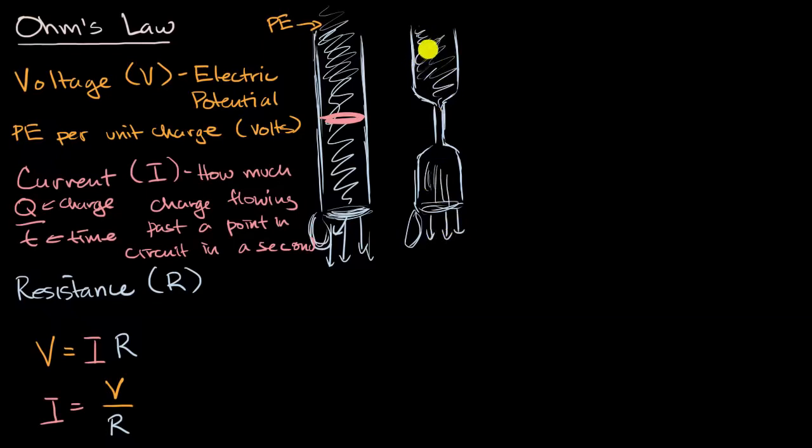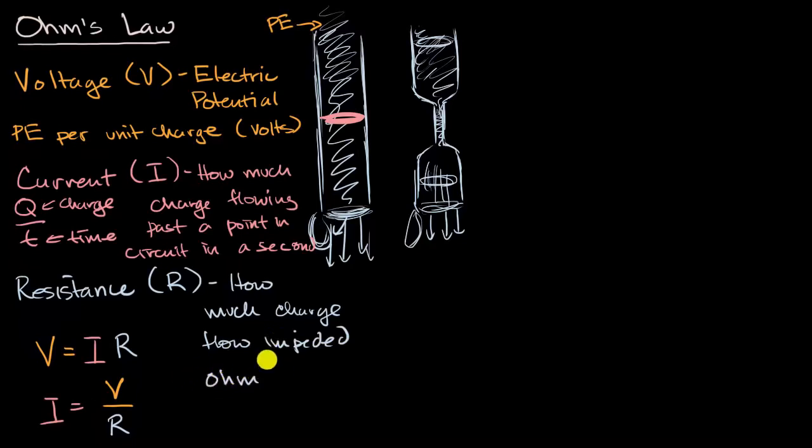But now, at every point in this pipe, the amount of water that's flowing past at a given moment of time is going to be lower because you have literally this bottleneck right over here. So this narrowing is analogous to resistance. How much charge flow is impeded.